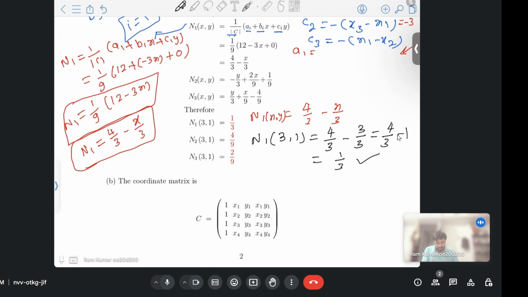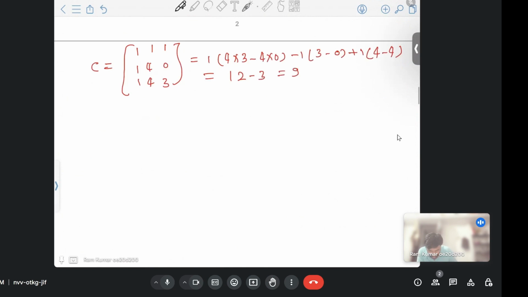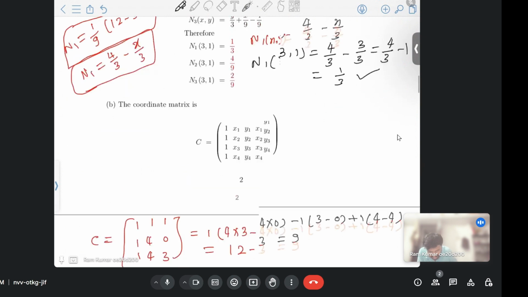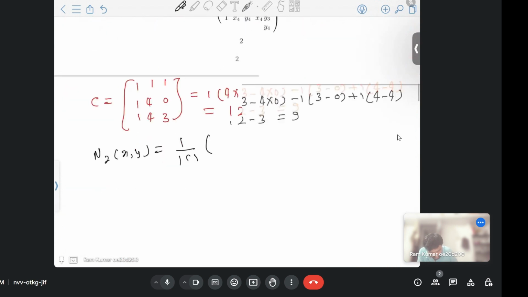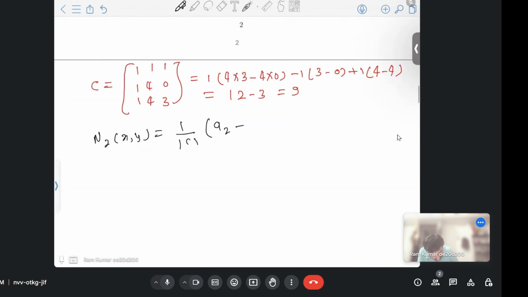Similarly, we are going to find n2. What will be our n2? N2 x comma y equal to determinant, then a2 plus b2x plus c2y. So determinant we got 9.